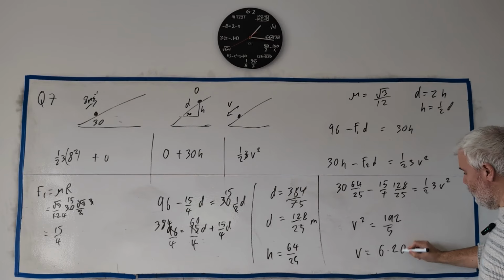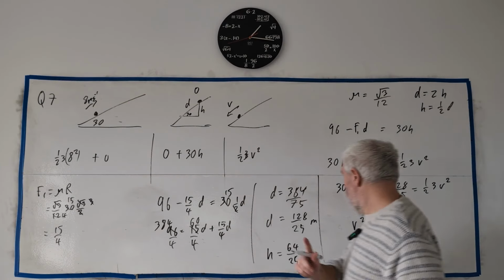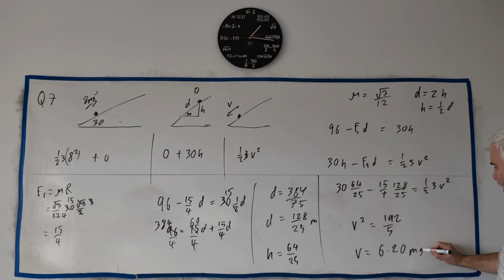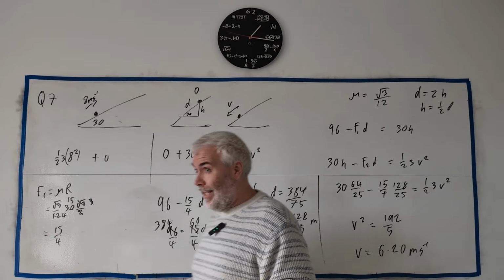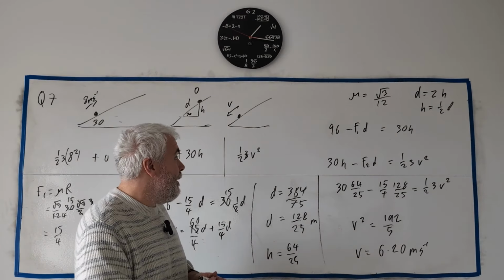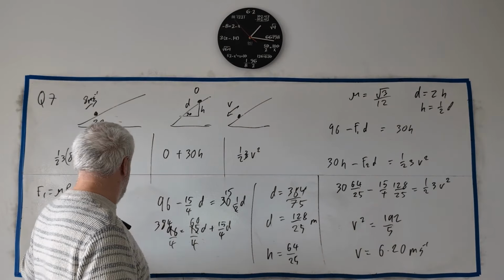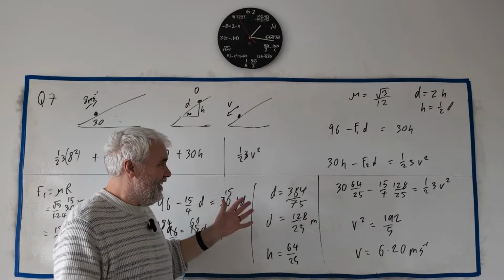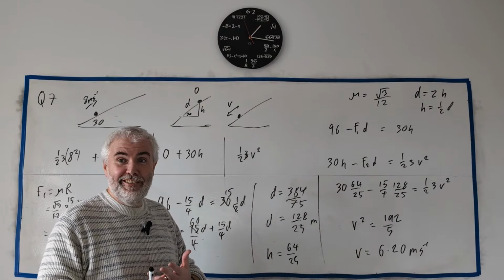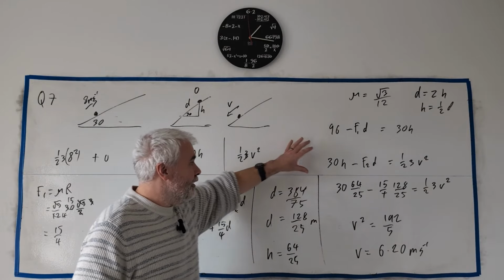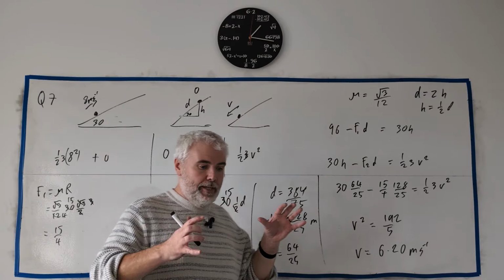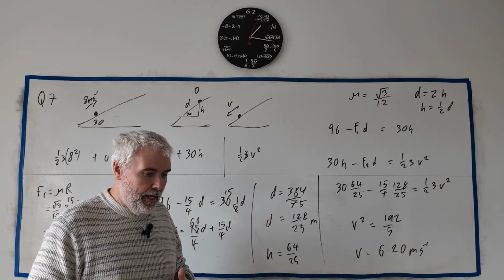So 6.20, and V was meters per second. That's the final answer. A messy question, but the maths was just fractions and rearranging things. It wasn't too difficult. The difficulty in this question was thinking about the system.